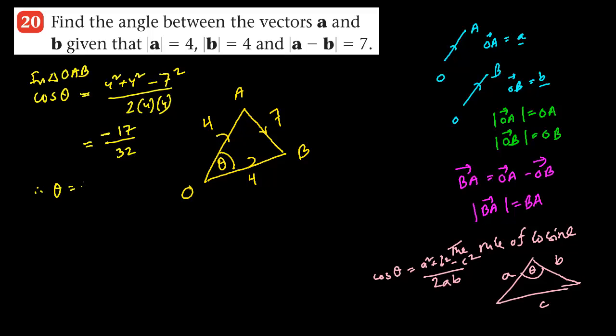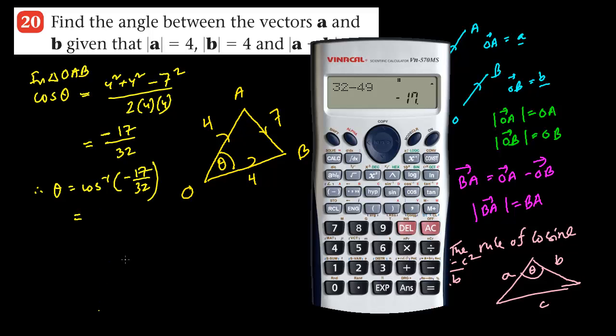Therefore theta equals cos inverse of minus 17 by 32. You can either leave the answer in degrees or radians. I'm leaving the answer in degrees. So cos inverse of minus 17 by 32 turns out to be 122 degrees.